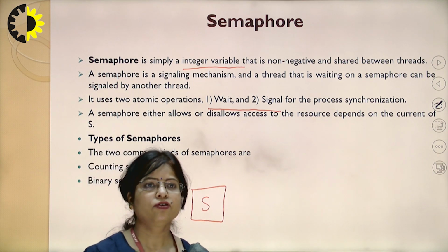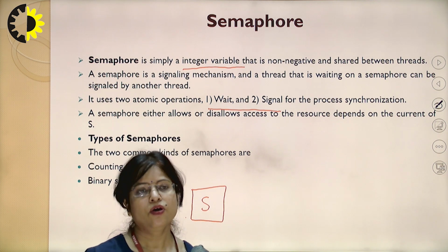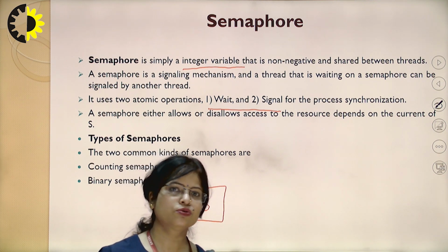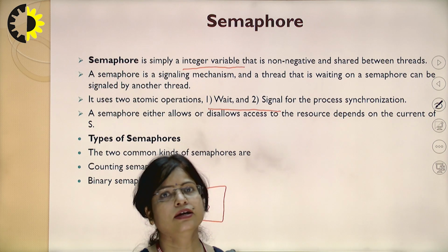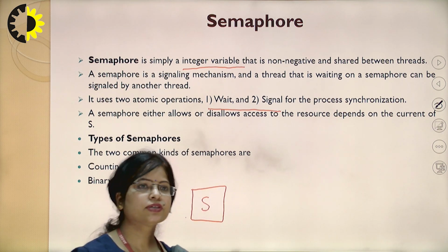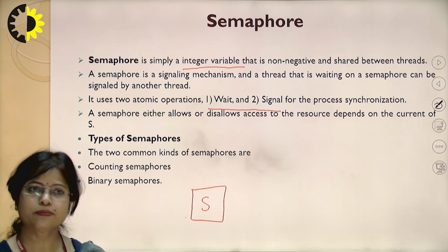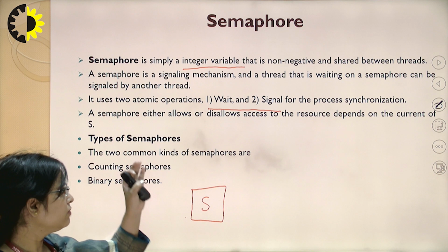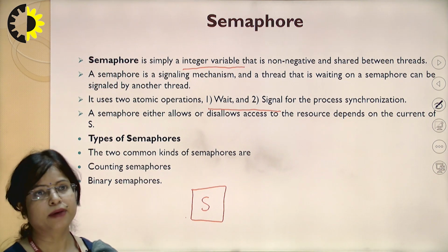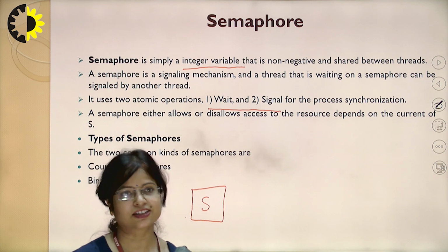A semaphore either allows or disallows access to the resource depending on the current status of S. There are mainly two types of semaphore: the first one is counting semaphore and the second one is binary semaphore. We will discuss binary semaphore and counting semaphore in our further lectures. Thank you.